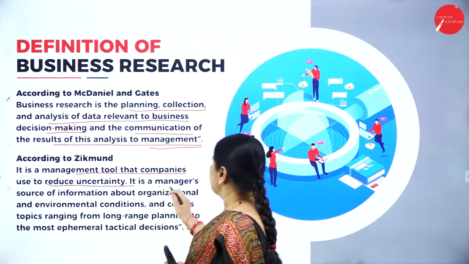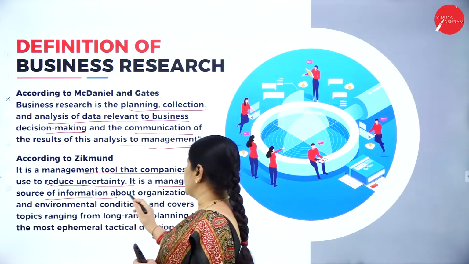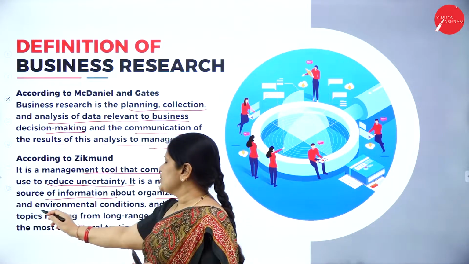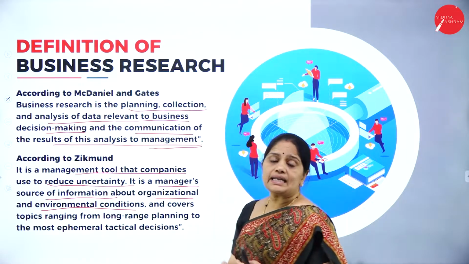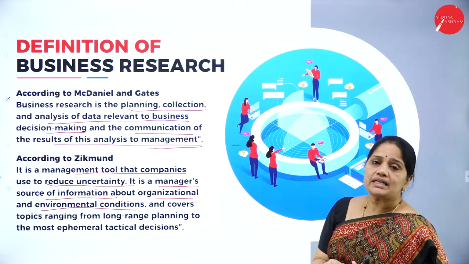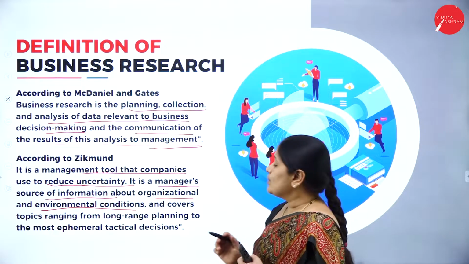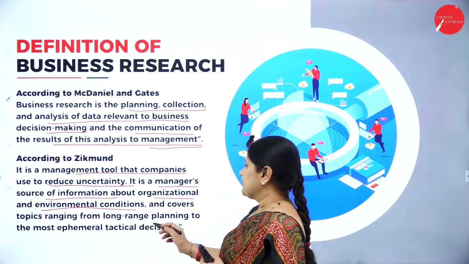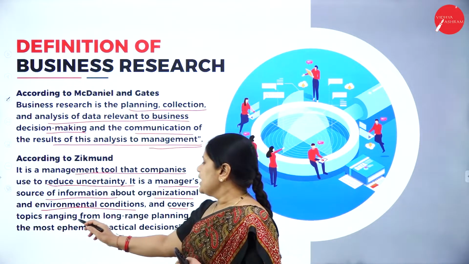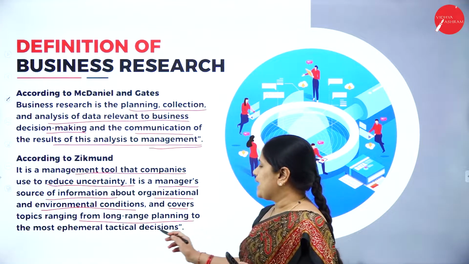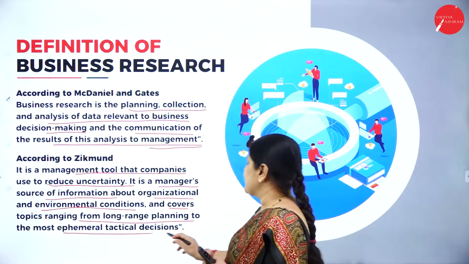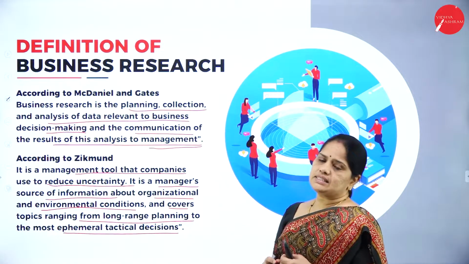So, it is a manager's source of information about organizational and environmental conditions. So, the manager should know what are the changes which are going in the organization and what are the good changes going on in the environment, and covers topics ranging from long range planning to the most ephemeral tactical decisions.